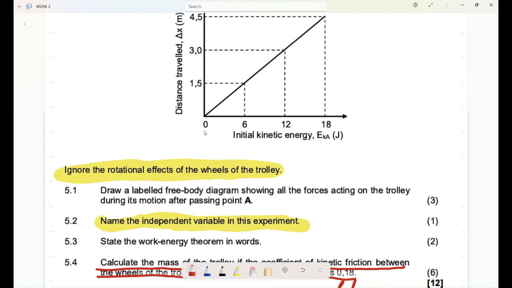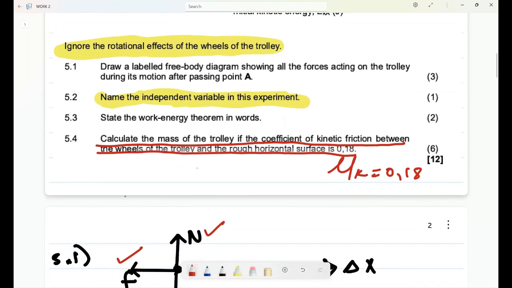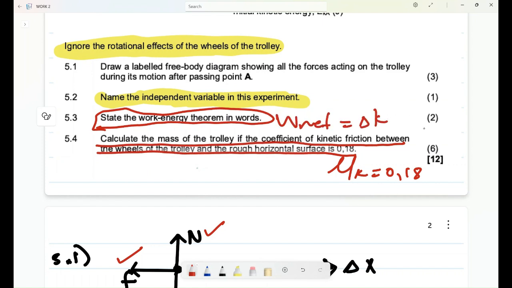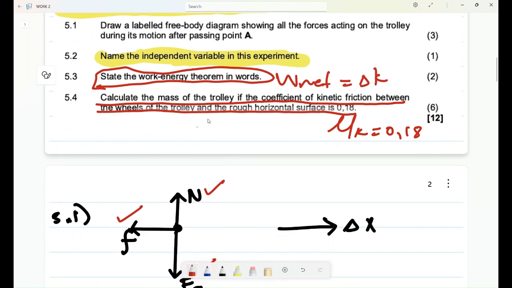Just apply what you know. Another thing I have to mention: normally the examiner likes to say, state something. Whatever you state is what the examiner requires you to use, let me say 95% of the time. W net is equal to change in K. You can never go wrong with this formula. I repeat, you will never. Now let's use what the examiner has asked us to define.